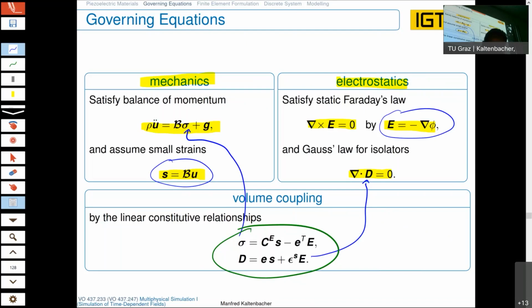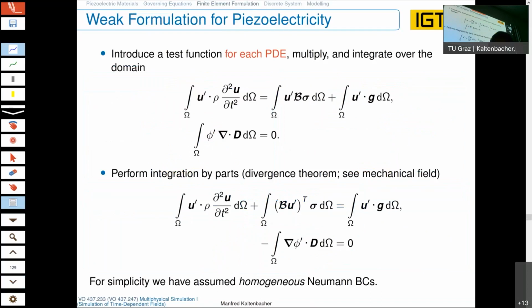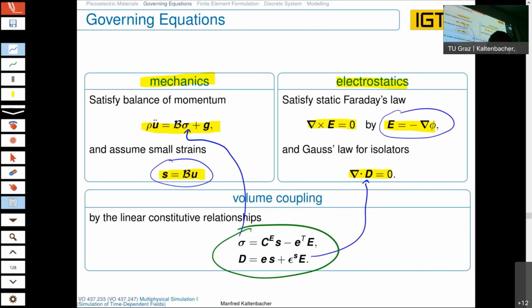And we see that we now get fully coupled partial differential equations, for which we are now looking for the weak formulation. So we have now a model, and most importantly, we directly see that when we apply any voltage to the electrodes of the piezoelectric actuator, for example, we immediately have our electric field, and that makes this actuator so fast.